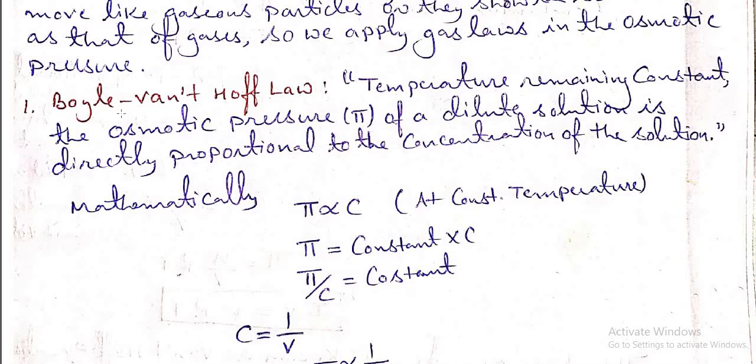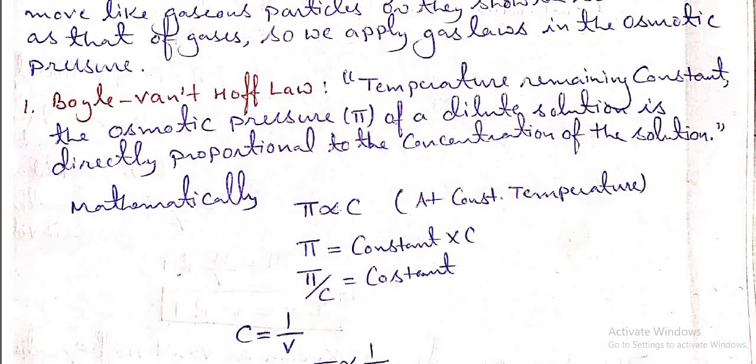According to this, it has been replaced by the Boyle-Van't Hoff law. Temperature remaining constant, the osmotic pressure of a dilute solution is directly proportional to the concentration of the solution. That means mathematically osmotic pressure pi is directly proportional to concentration of the solution at constant temperature.